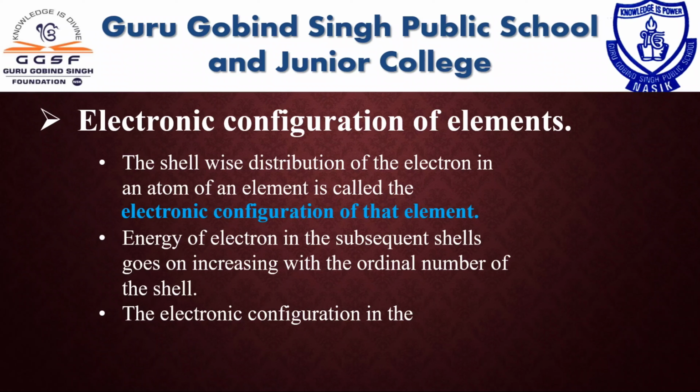The electronic configuration in the numerical form contains numbers separated by commas. Here the numbers indicate the electron number in the shell with increasing order of energy.